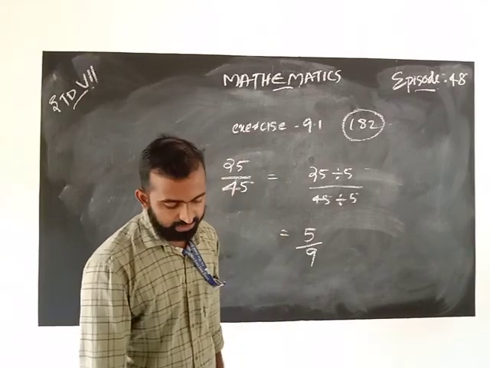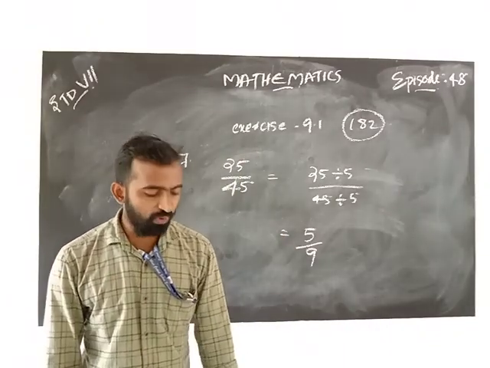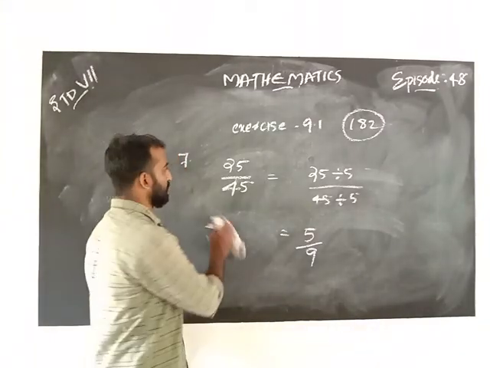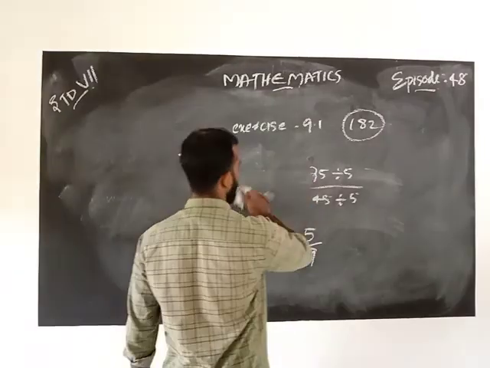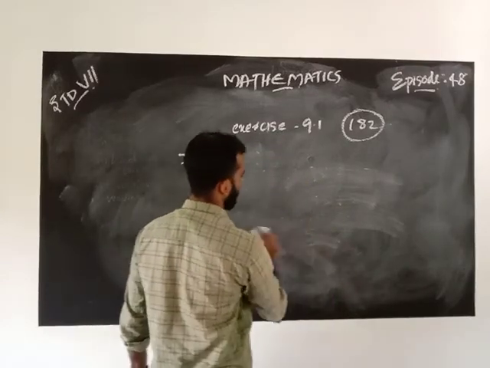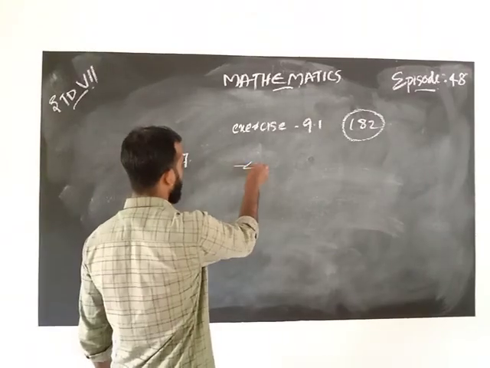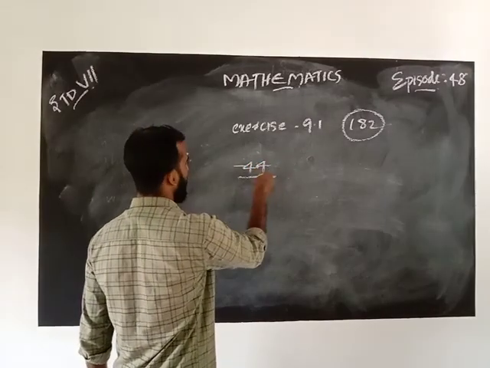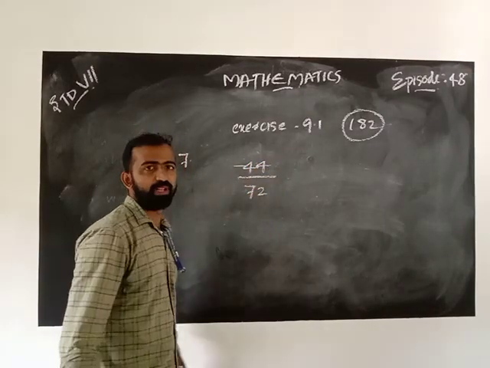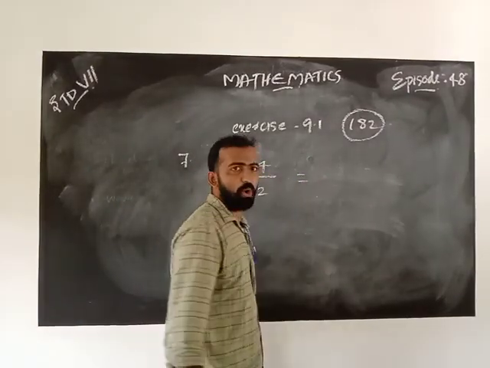And the third one, what is the third one? Negative 44 divided by 72. When we look at this, we get 4 as the highest common factor.